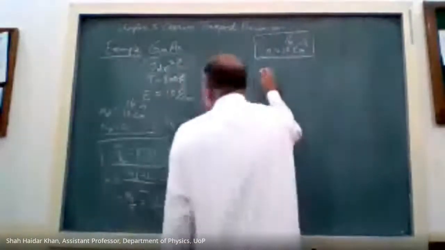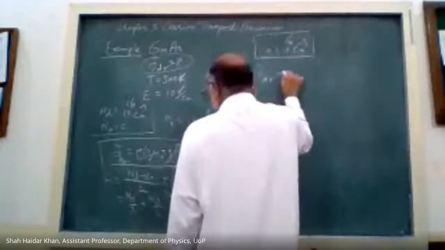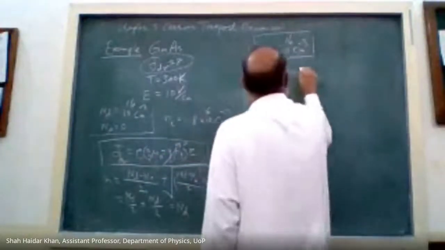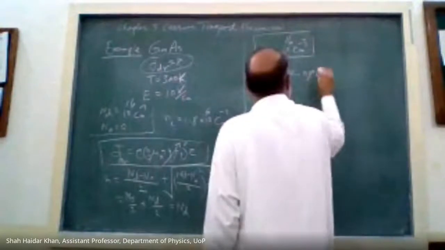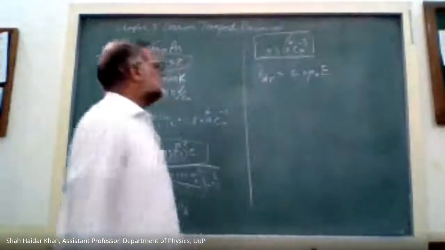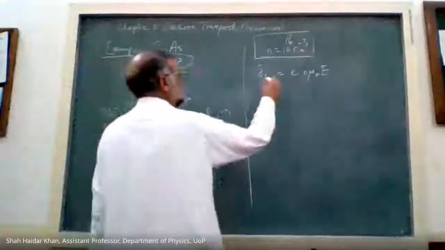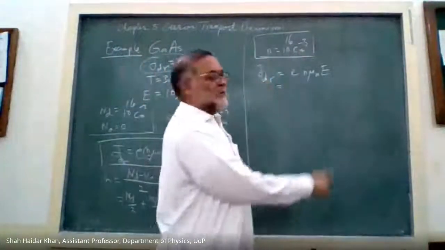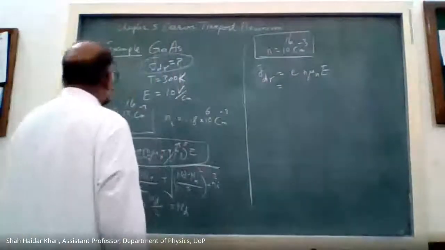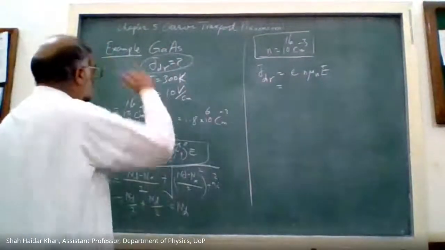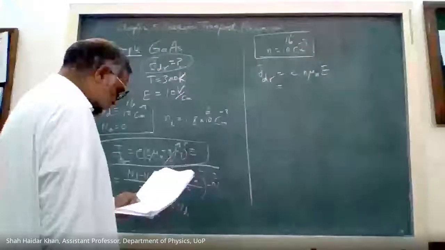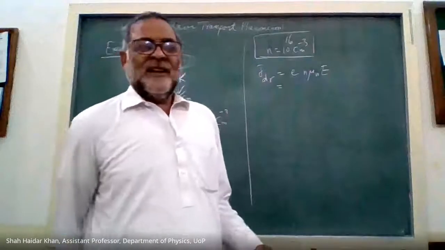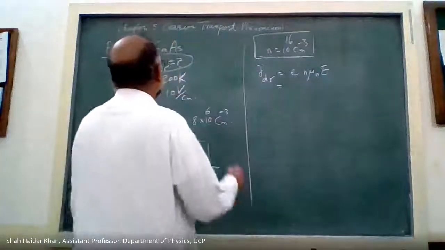So what we have is J equal to q, mu n, N and E. So putting these values here, the charge of electrons, N from here, mu n, the mobility of electrons in gallium arsenide. Right, let me write it here.